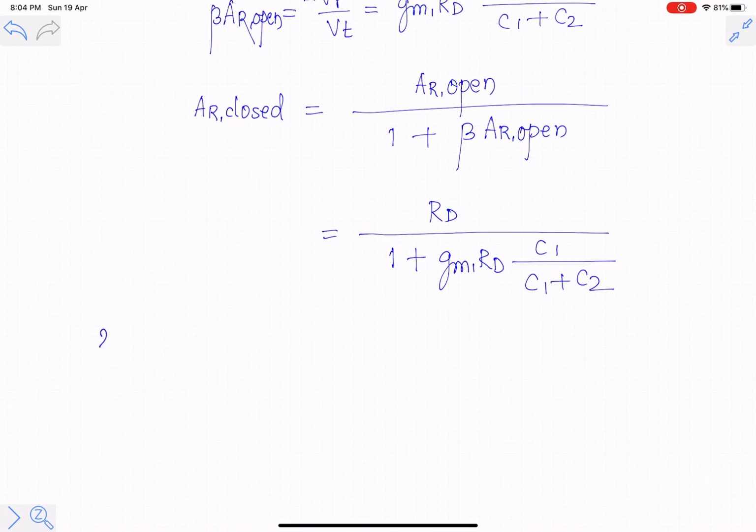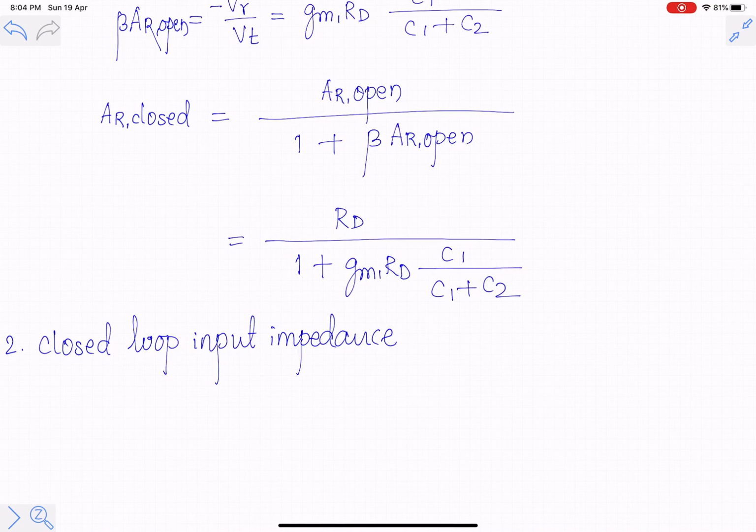Similarly, we can calculate the closed loop input impedance, which we show by R in closed.